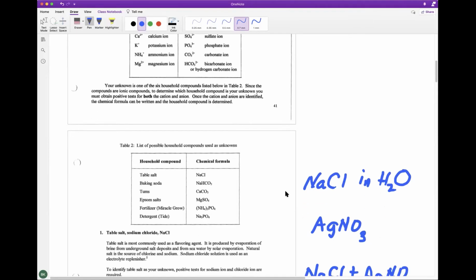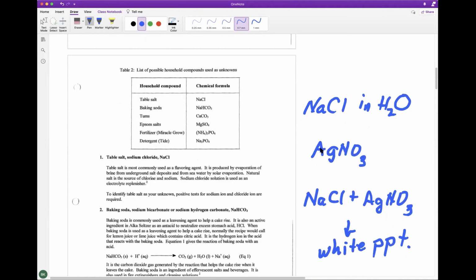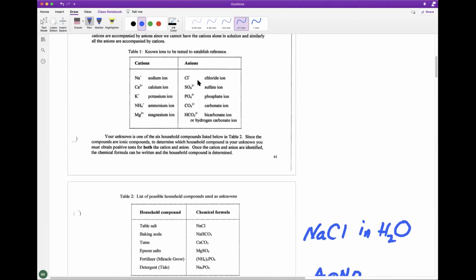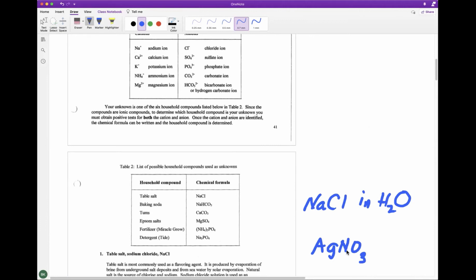So if we were to do that same test, taking silver nitrate and adding it to a solution that contains another ion, say calcium carbonate, that's going to give us a different reaction. We're not going to see necessarily a white cloudy solution. It may change color, or it may give off bubbles or do something different.